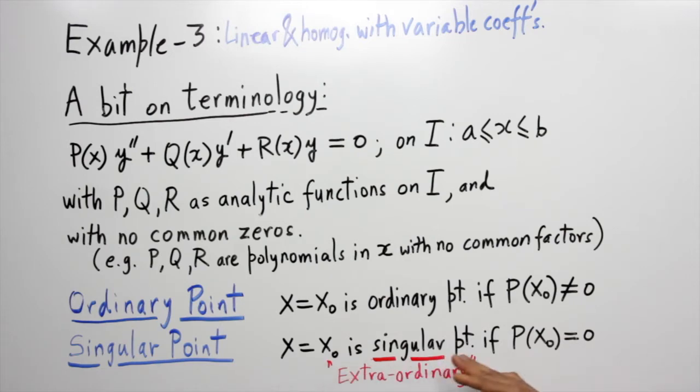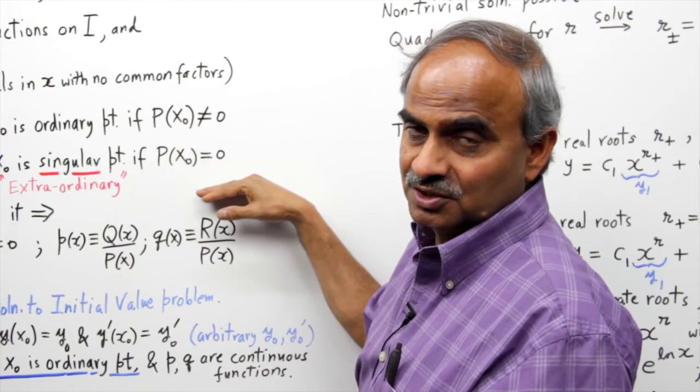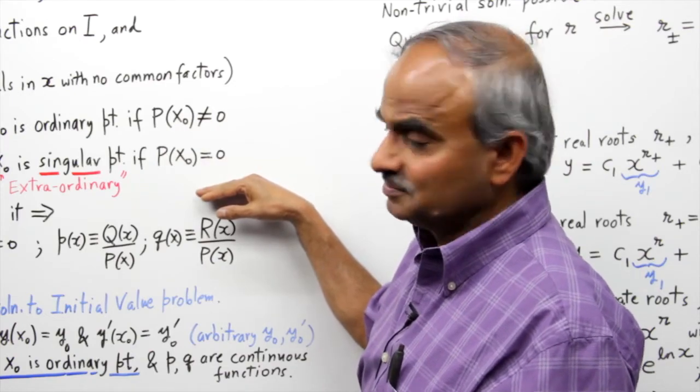These points, in fact, one can show, control the behavior of the overall function, and so we can call them extraordinary points. They exert a lot of control over the behavior of the function, and they are mathematically called singular points. So the mathematical terminology is that points where P of x0 vanishes are singular points of the differential equation. And it's this terminology that we're going to be using as we proceed.